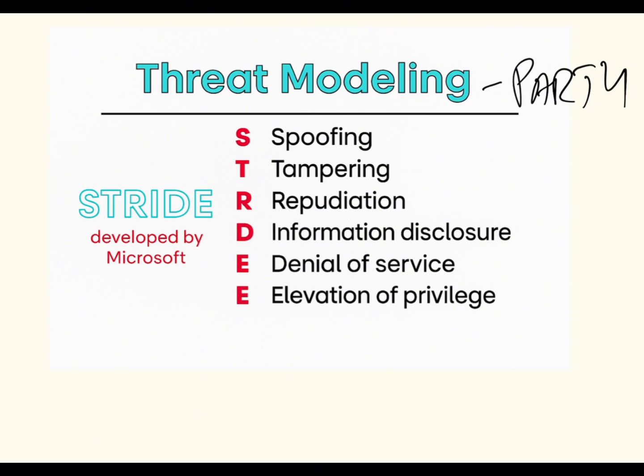So when we discuss this category in threat modeling, we discuss techniques around it, what control needs to be placed in order to make sure that if someone deletes or removes something, we have some kind of evidence to prove it, right?